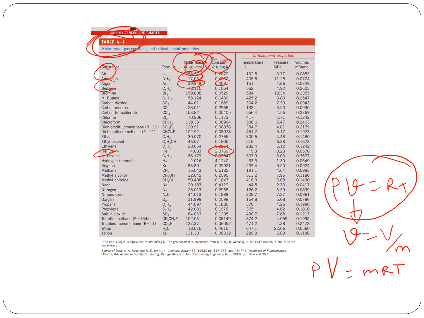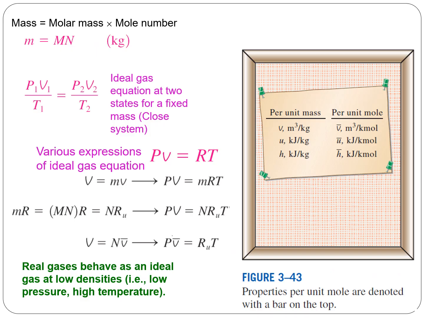So in chemistry, you might have seen this equation as well. These are equivalent. This is our basic equation. If you convert this specific volume to volume per mass, the volume would be mass multiplied by specific volume. So this equation is PV equals mRT, in this case capital V is volume, m is mass.